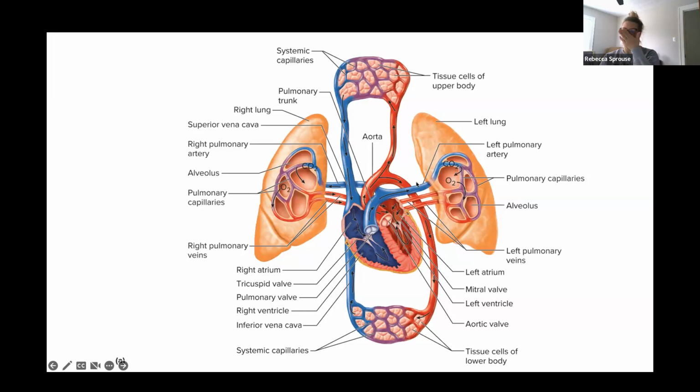Then gas exchange happens at the pulmonary capillaries. Pulm means lung, by the way. Then the oxygenated blood from the lungs comes back through a couple of pulmonary veins on each side. Those empty into this left atrium, pass through the bicuspid or mitral valve, into the left ventricle. This one actually does show the aortic valve here.